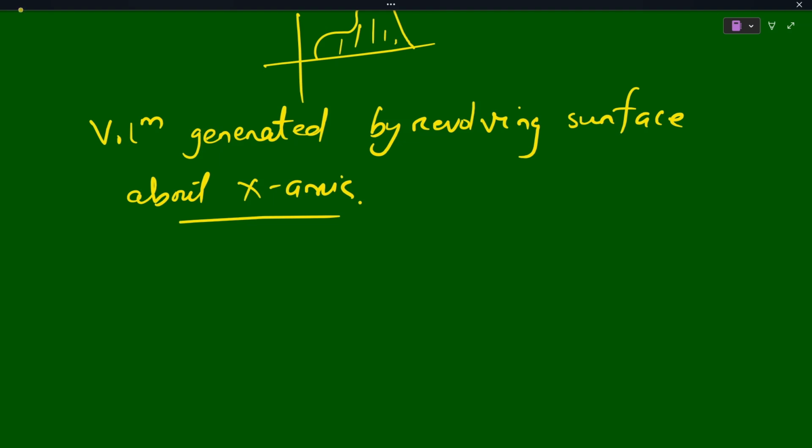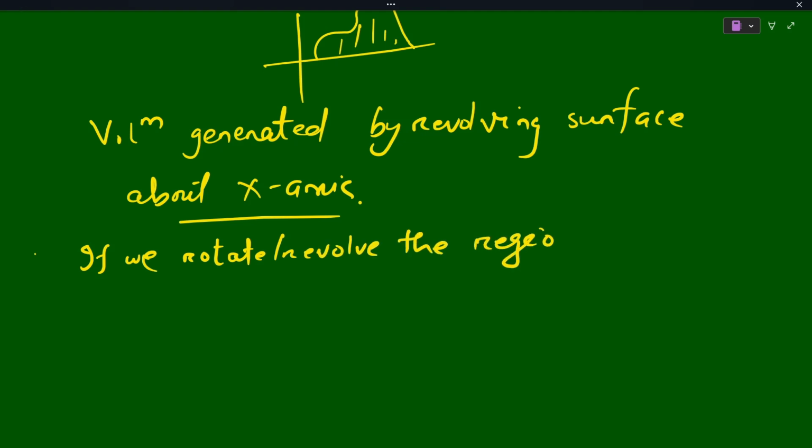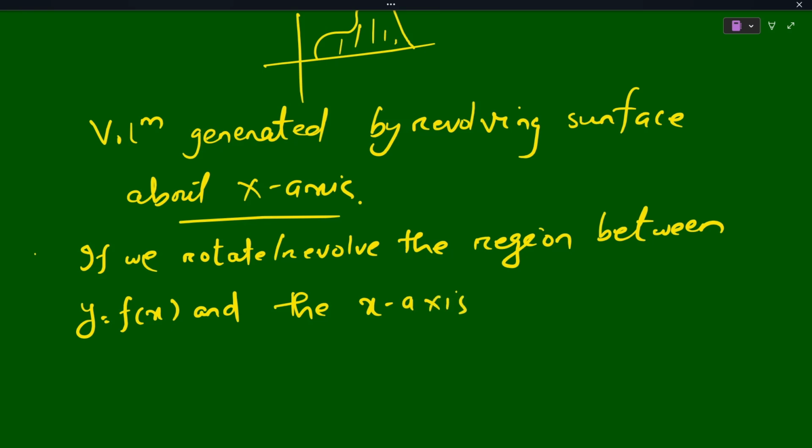Now, the theory says that if we rotate or revolve the region between y equal to f of x and the x-axis, and while writing x-axis you always write it as capital X, and this is the closed region, y equal to f of x and the x-axis, it is the closed region or the surface.